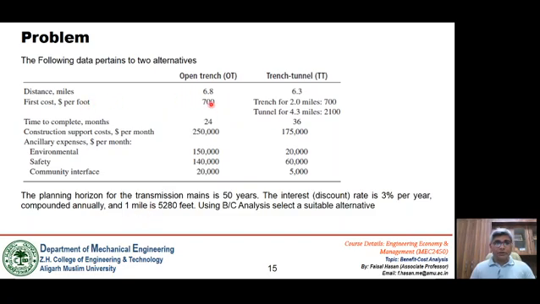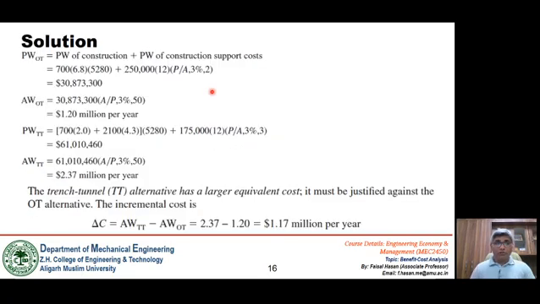This is given per foot, and this is given in miles. So 700 converted into miles, we have to multiply 700 by 5280 and by 6.8. So this will be the total present cost of the construction. Fine, this is already the present cost, so no need of any conversion.